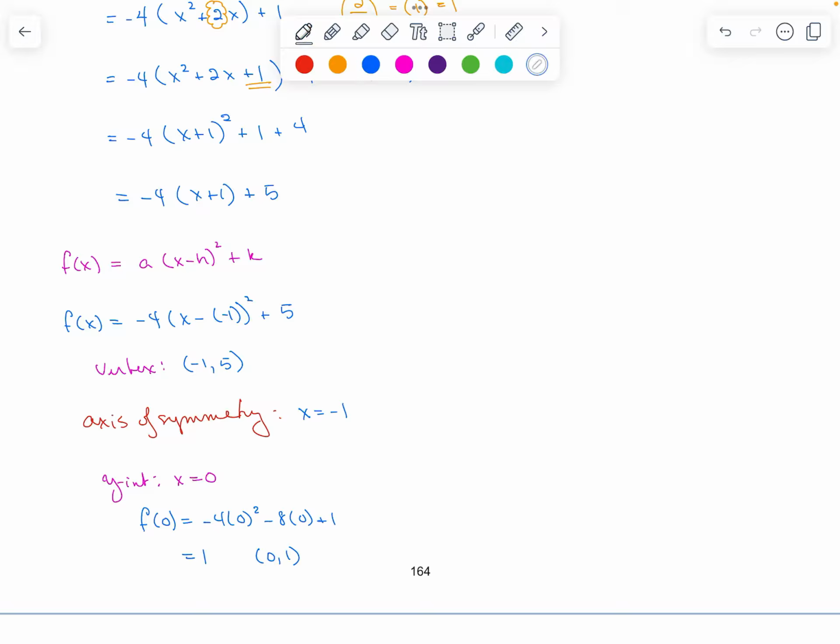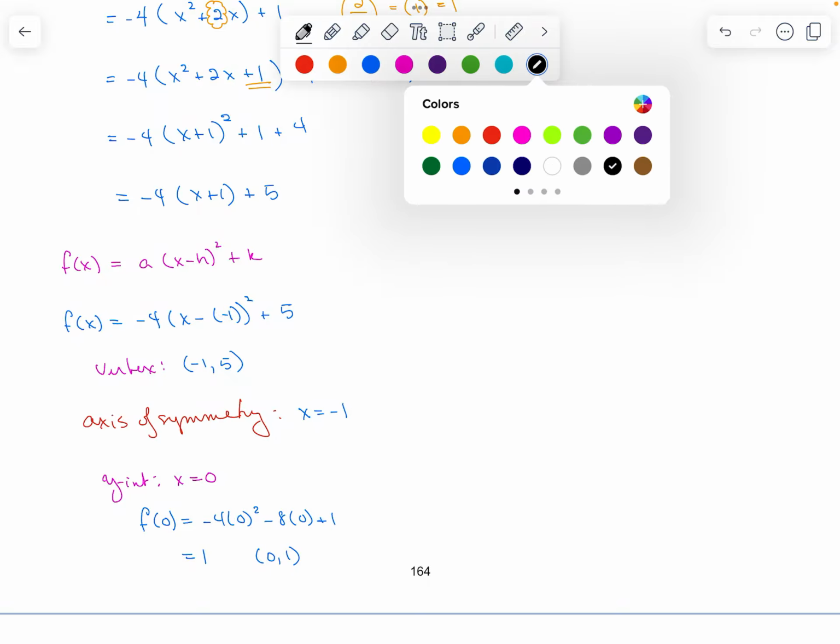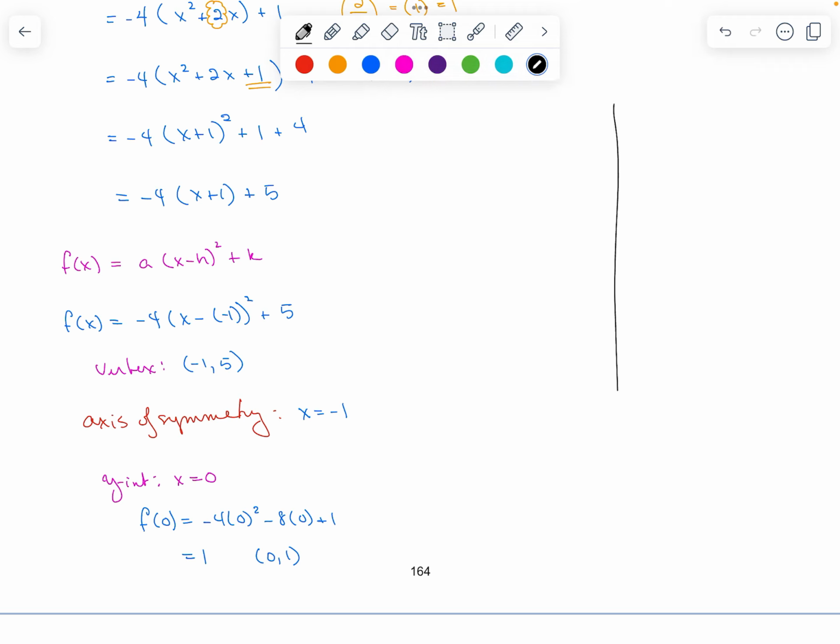Now to do a quick sketch of it all. Like I've said before, just put tick marks on the x-axis.